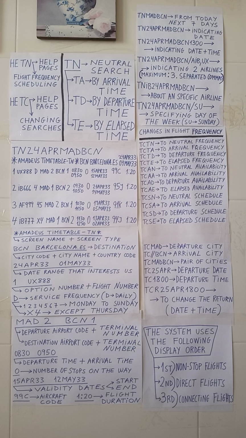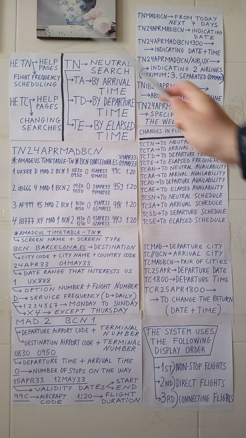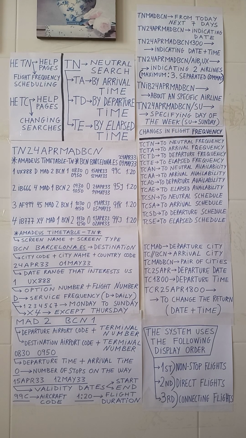In today's video I will talk about the TN code and the TC code. I will also make a brief mention of the TA, TD and TE codes, which can be used to replace the TN code in some situations.